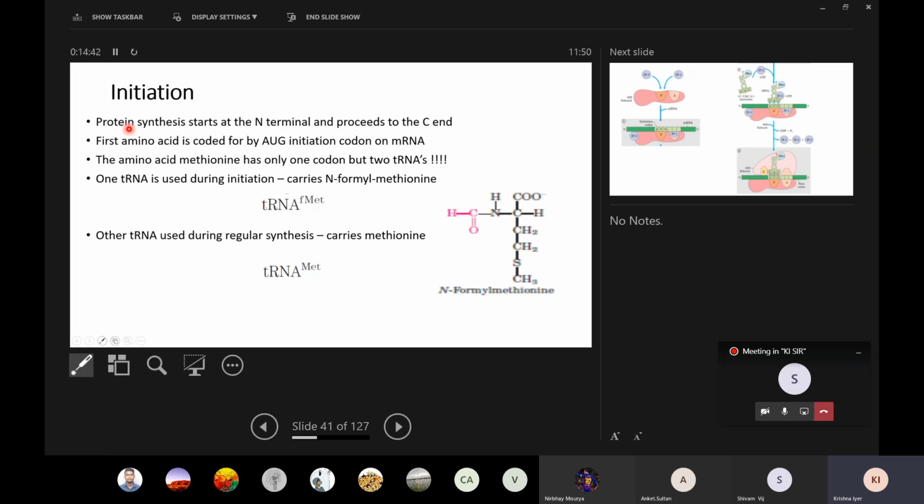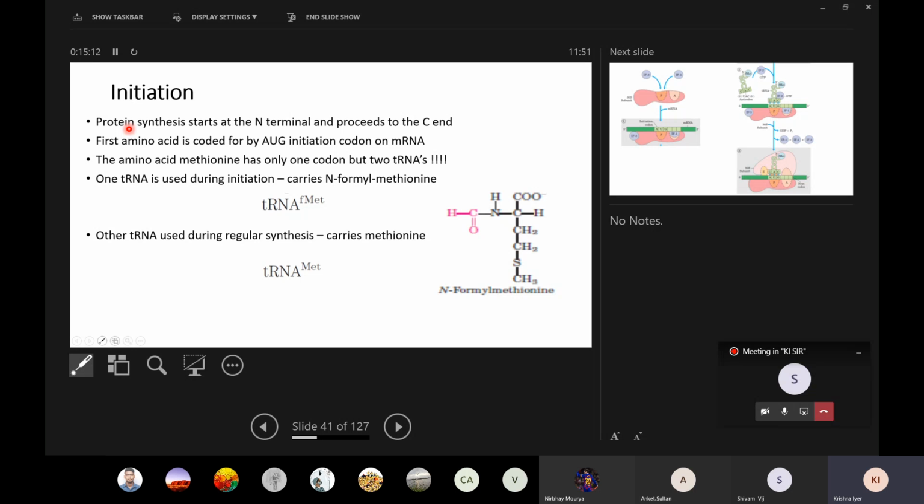Now the second amino acid, let us say it is alanine, NH2CHCH3COOH, will be added to the first one such that the carboxyl group of glycine forms a peptide bond with the amino group of alanine, which means I am adding the new amino acid to the carboxyl group of the first amino acid. And that is why we say that protein synthesis is occurring from the N terminal to the C terminal end.